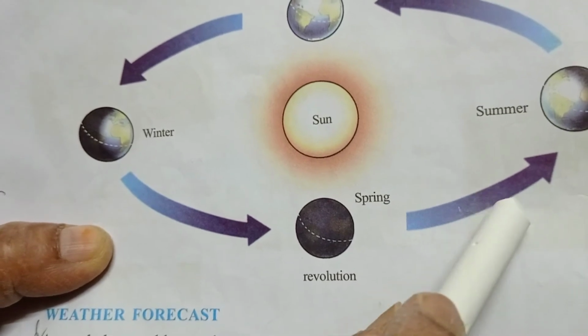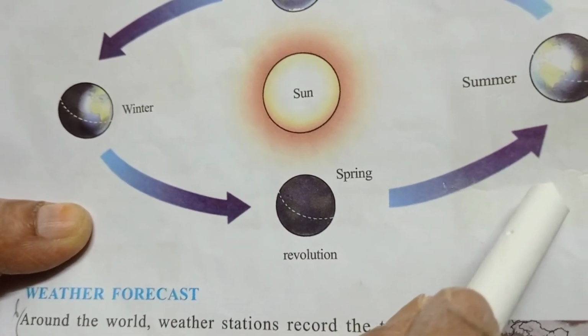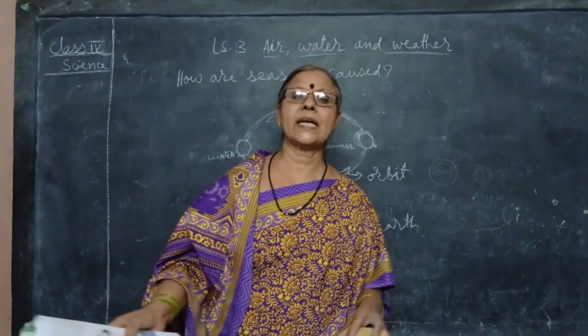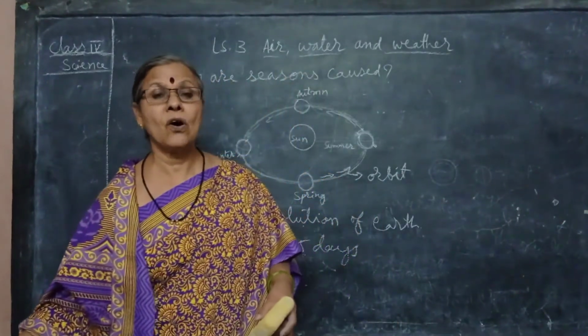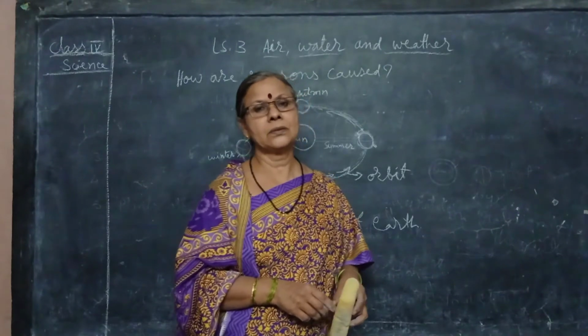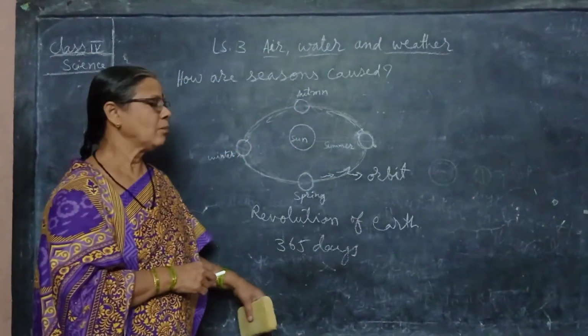This path is called orbit. The weather changes. Weather is stable often during the season. Okay, have you understood? With this, we have completed this lesson.